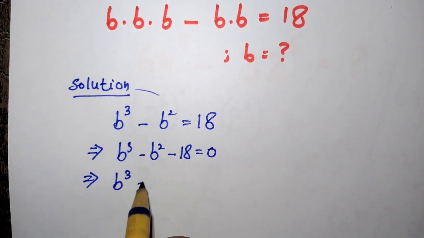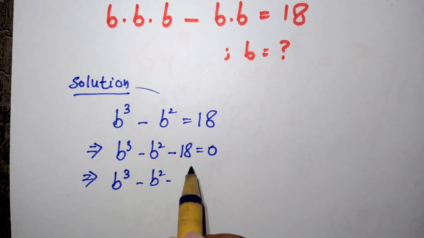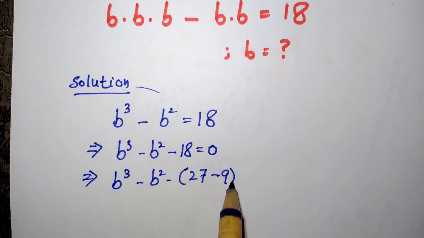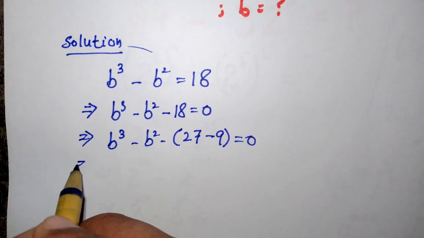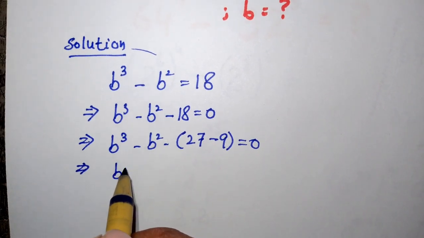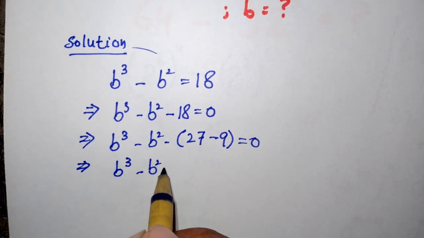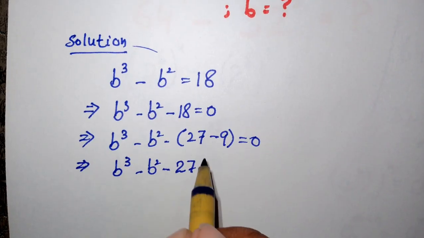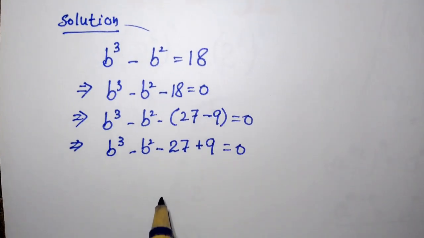B to the power of 3 minus b square minus 18 can be written as 27 minus 9 is equal to 0. B to the power of 3 minus b square minus 27, minus multiply minus is equal to plus 9 is equal to 0.